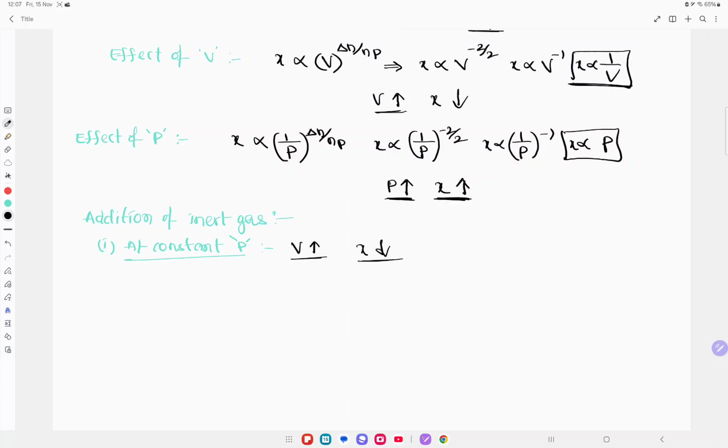So the number of moles of reactant molecules dissociated will decrease. If the addition of inert gas takes place at constant volume, then at constant volume and temperature, total pressure increases, but partial pressure doesn't change. Whenever partial pressure doesn't change, X is also constant.